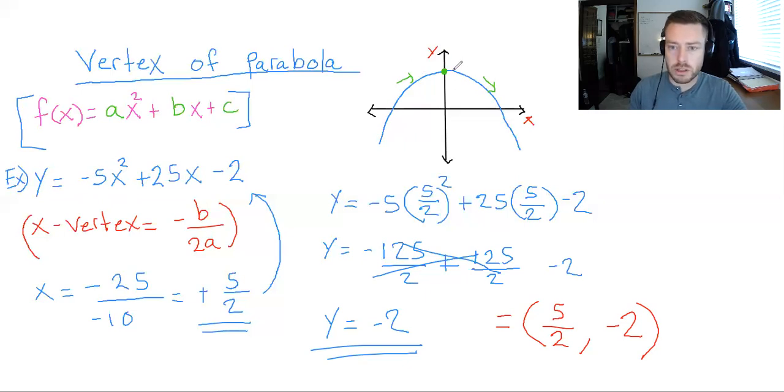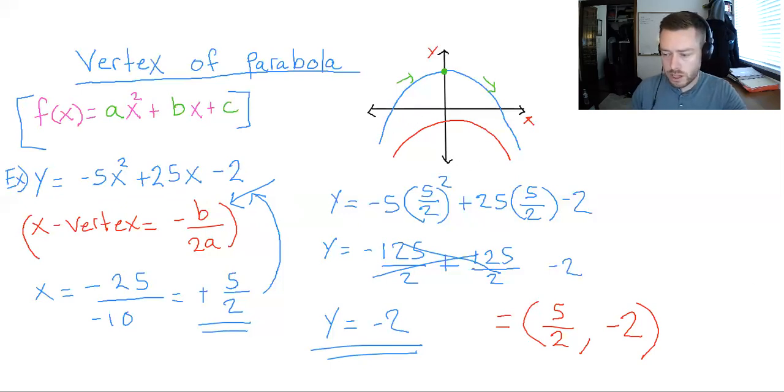So this actually should be lower, honestly, more like down here or around there. Anyways, that's really just the algebra way. If you can remember this formula, then you're pretty much good. It gives you the x vertex, you plug it back in to get the y, and you're set.